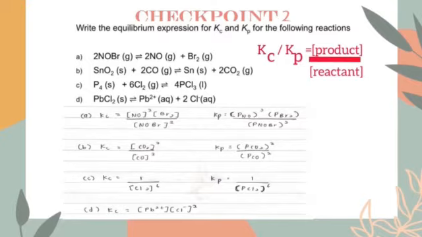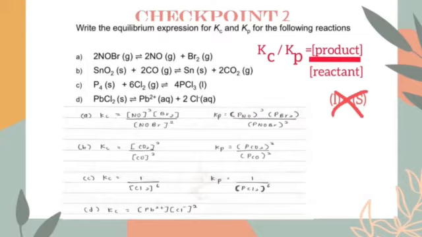It always must be products over the reactants. And then the second thing we have to remember is that the equilibrium expression, whether Kc or Kp, does not involve pure liquid and pure solid, which means pure solid and pure liquid can be neglected for this kind of question.